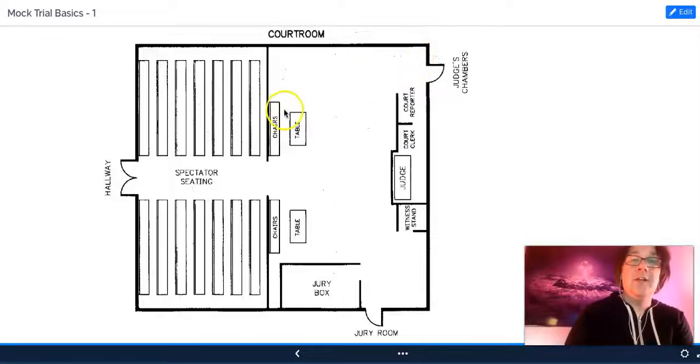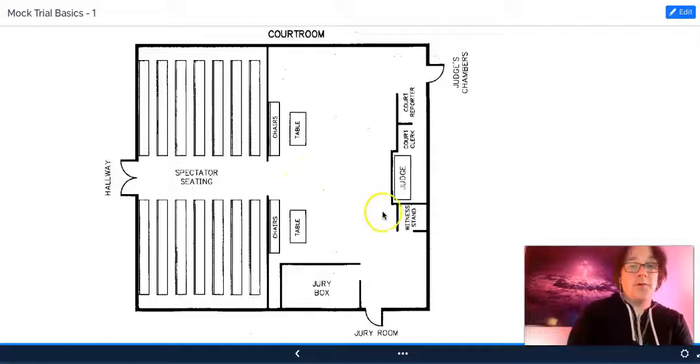So when you ask questions, you stand up when it's your turn to question a witness. You just stand up at your seat at this table and you ask the questions. Sometimes there's a podium placed here, and an attorney who's doing direct or cross-examination, instead of just standing up and asking questions at the table, might walk over to the podium and ask their questions.